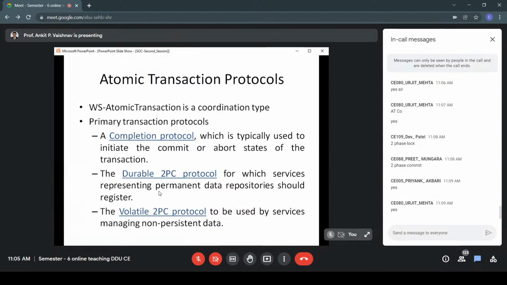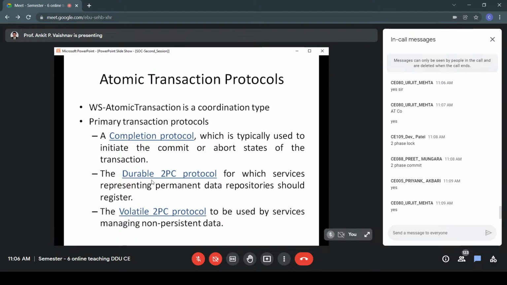Permanent means the data has to be properly stored and preserved. So that kind of service has to register for durable two-phase commit, because durable two-phase commit will make sure that your update goes through properly, as well as being durable in the sense of persistence. Your data will persist, right? So the two-phase commit process, I'm not discussing right now. It is a database concept. You can just revise that, right?